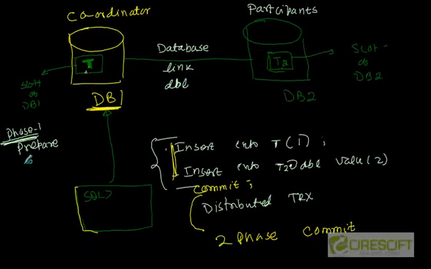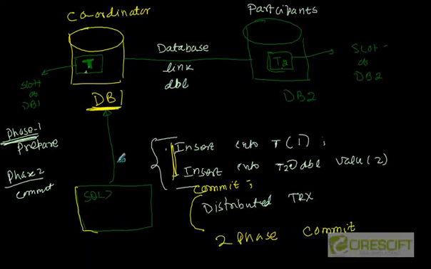Let's say all of the participants say back, okay, we are ready to commit. Then phase 2 is the commit phase, when the redo log writer writes to the online redo buffer, as we explained in the couple of videos before, about what the process of commit is.